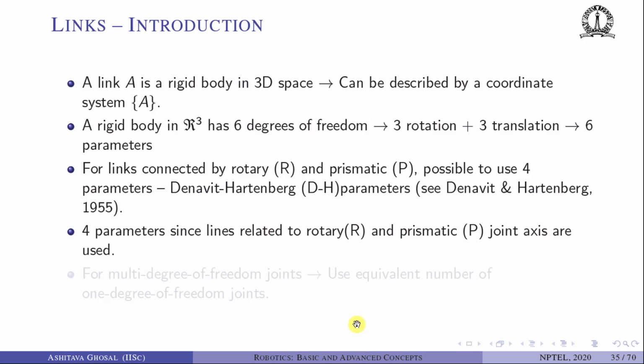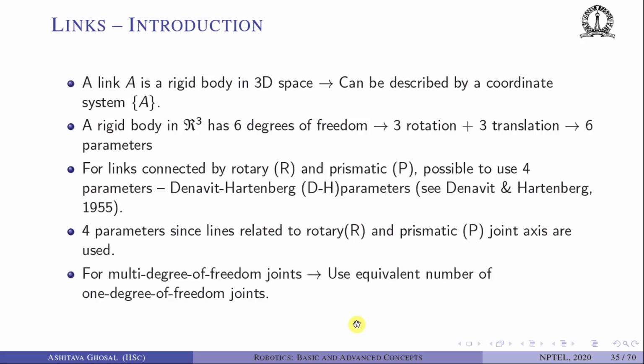Those of you who have studied a little bit about lines in 3D space know that a line in 3D space is represented by four parameters. Nevertheless, let's not worry about lines and points in 3D space. We'll look at these DH parameters now. For multi-degree of freedom joints, we cannot use these DH parameters directly.